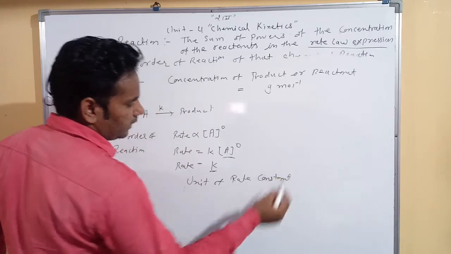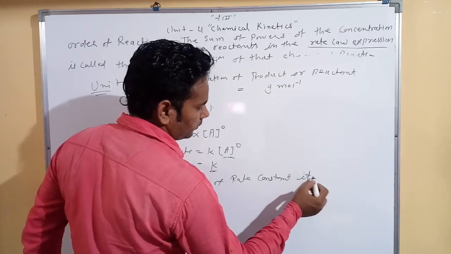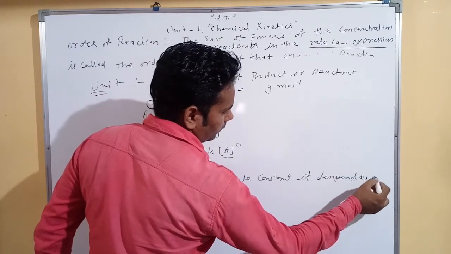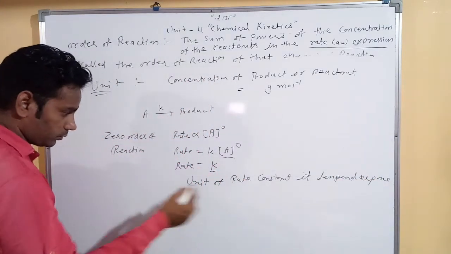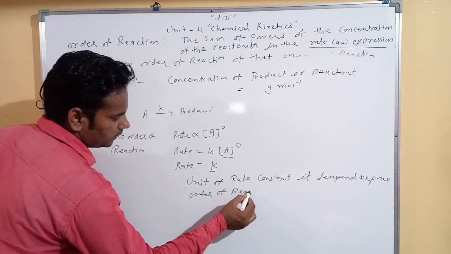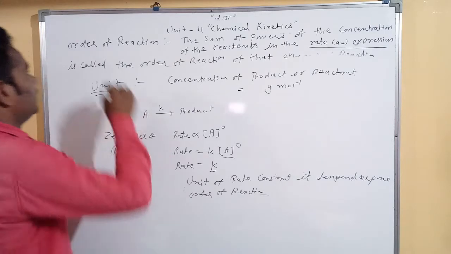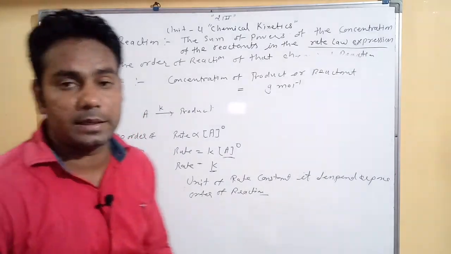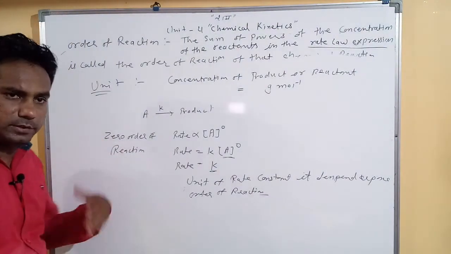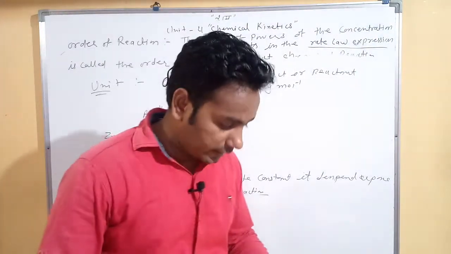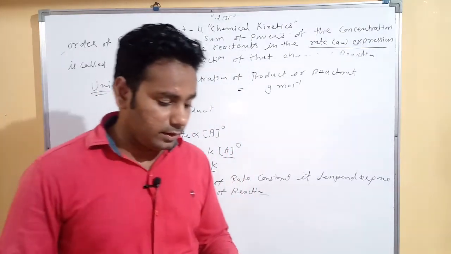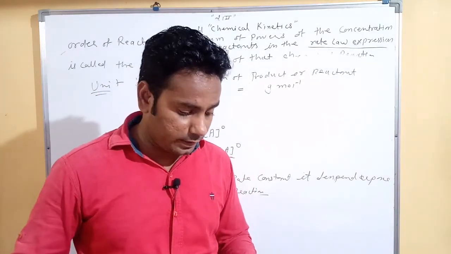The unit of rate constant depends upon the order of reaction. Clear? The unit of zero order of reaction is different, first order is different, second order of reaction is different. So we will mention the units later for the order of reaction.